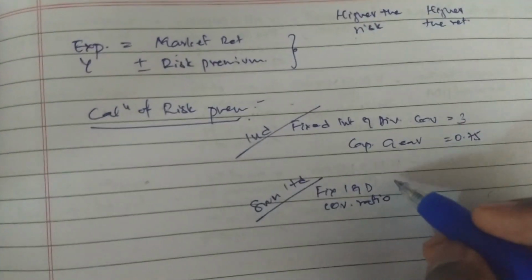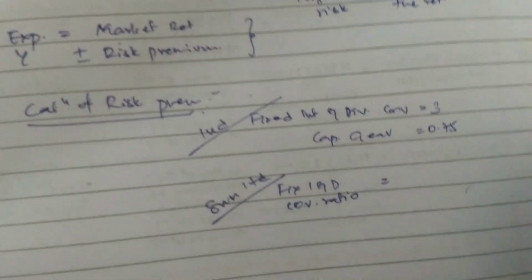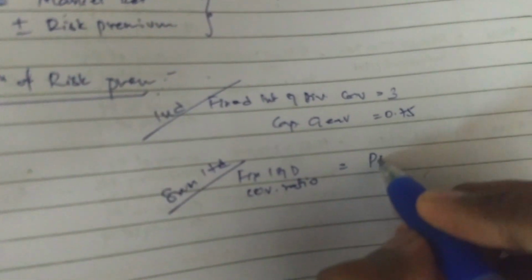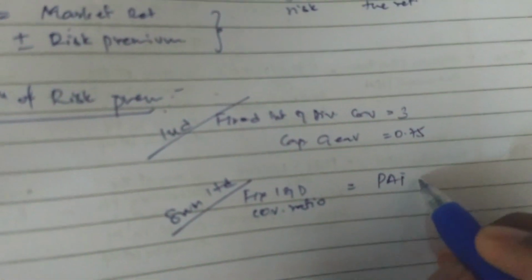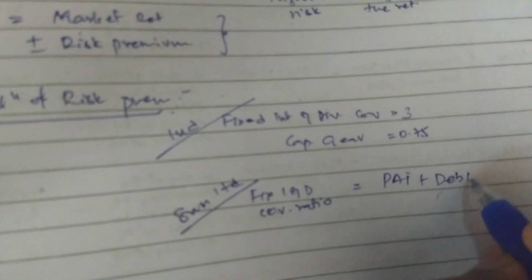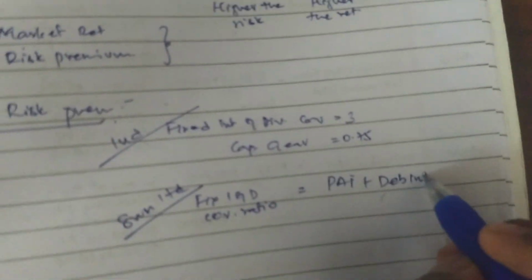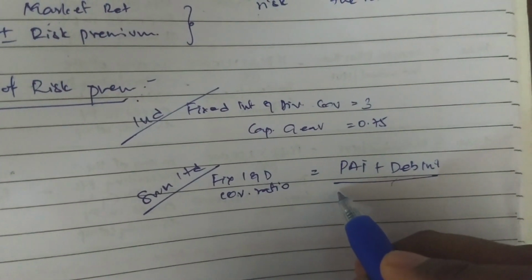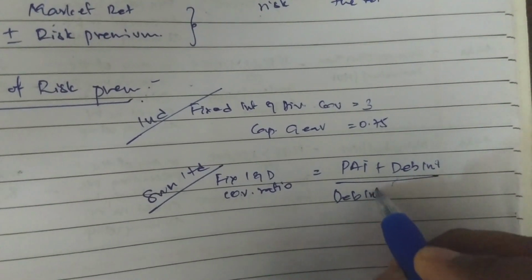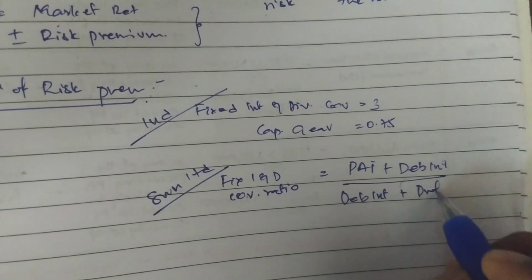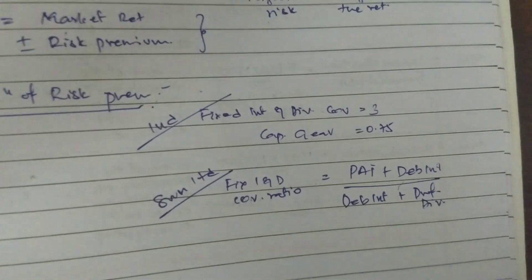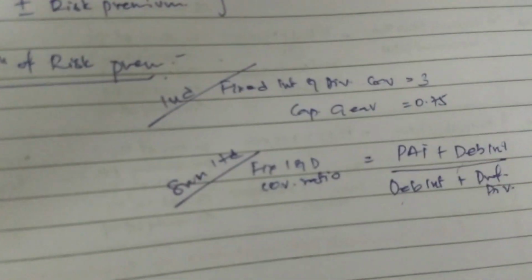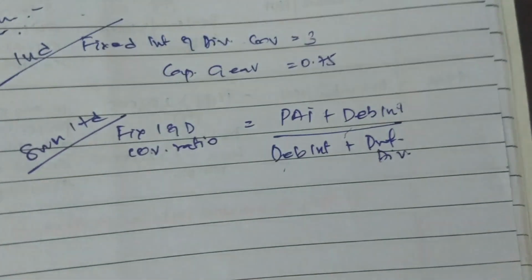Okay, what is it? The formula is profit after tax plus debenture interest, divided by debenture interest plus preference dividend.